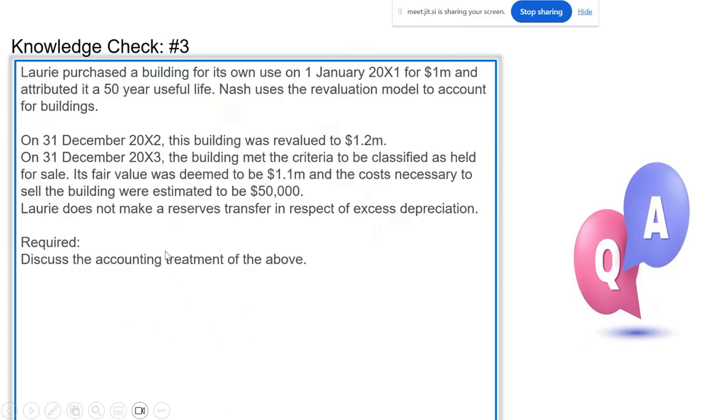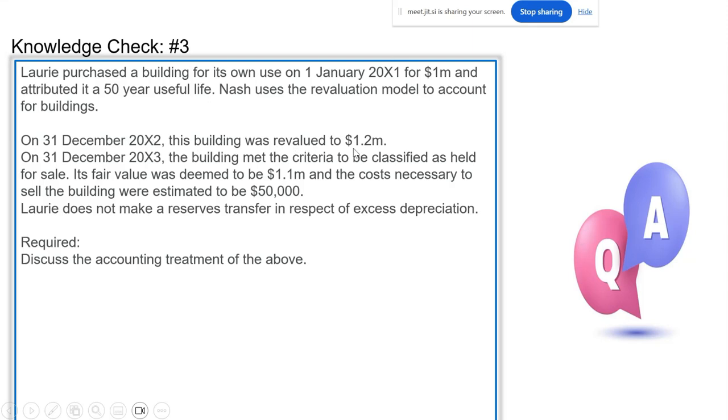So the first thing we need to look at is that the date of acquisition was 1st of January 2021, right? Useful life is 50 years, right? The next thing we need to look at is how many years the asset was used before it was decided to be held for sale. On 31st of December 2022, they revalued it to 1.2, right?